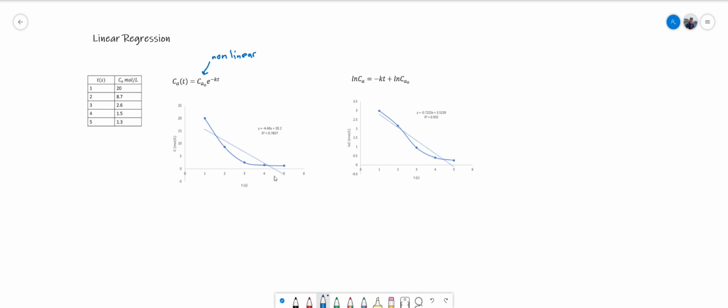If I get a best fit line and a regression equation for this data set, which is plotted as the dotted line here, I can see that my equation is y equals negative 4.46x plus 20.2. So what does this equation mean to us?